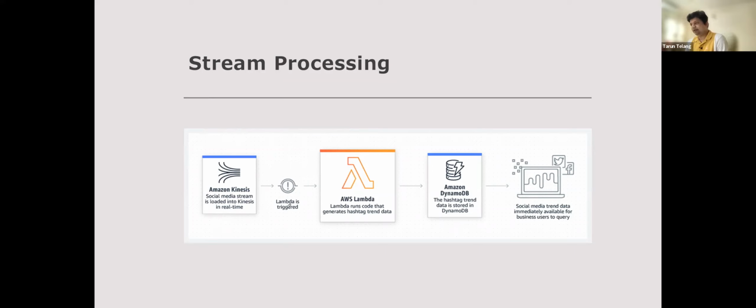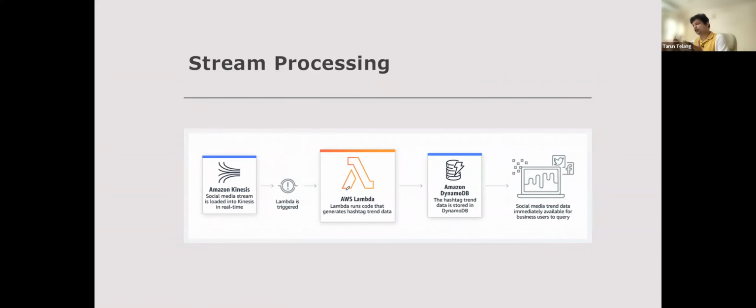And when this stream arrives for your application, this is an event which could be handled by AWS Lambda, and it can filter out, say, hashtags and identify social trends from the social media stream.